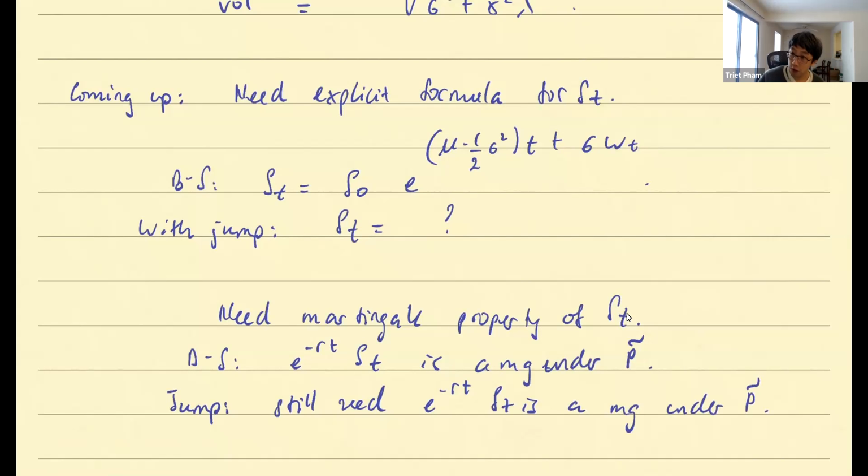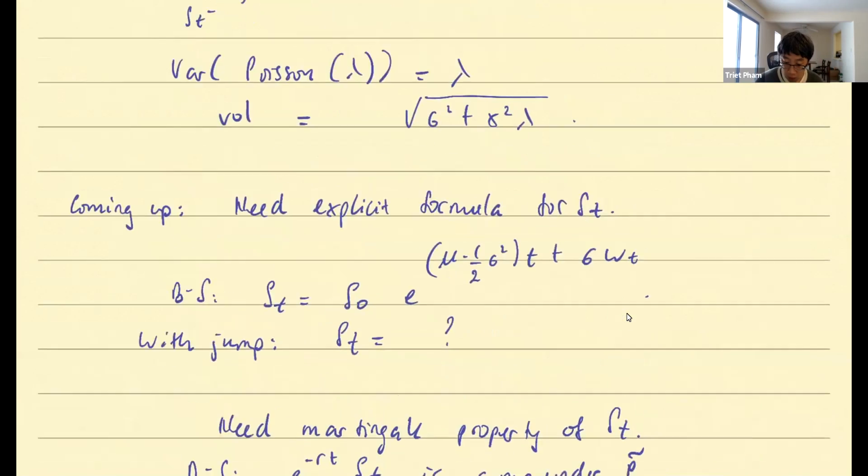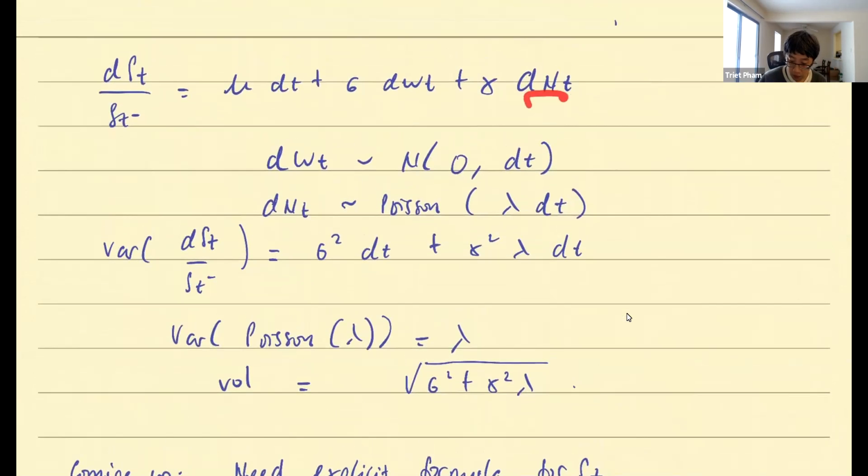But then of course the question is, what is our P tilde now? Because now we incorporate one more source of noise, the Poisson. And as Sherry observed, the Poisson always jumps up. I hope with Professor Larson you learned that if something is always going up, it cannot be a martingale.